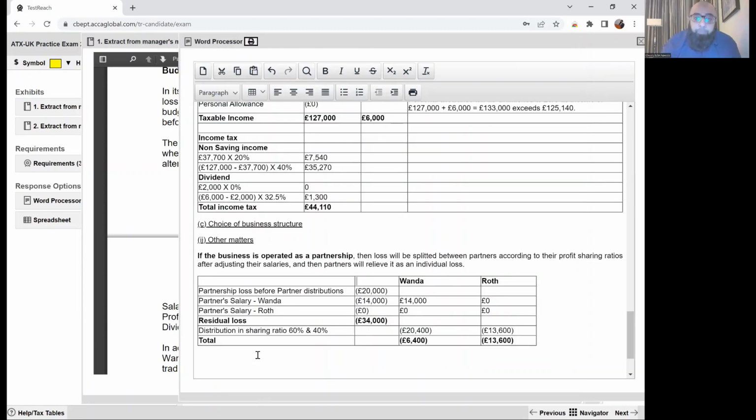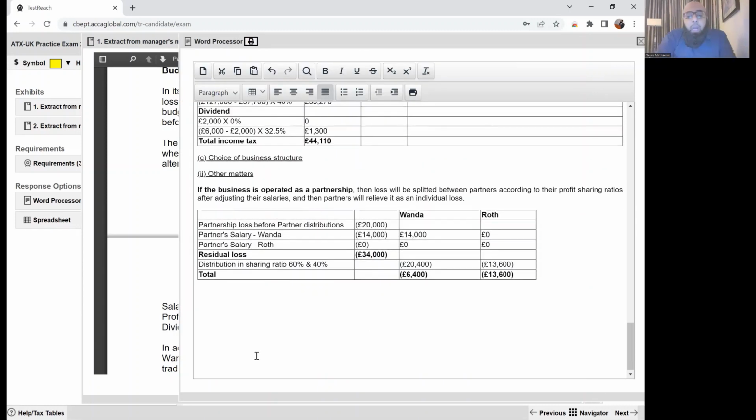Now each partner will relieve this loss as opening year trading loss, because it is a loss of the first year of trade.